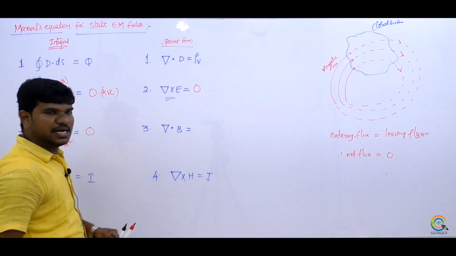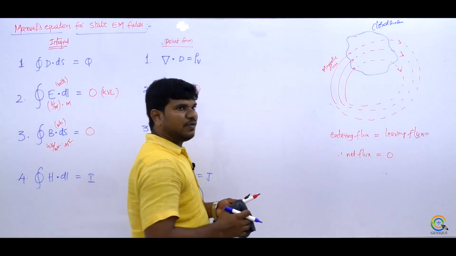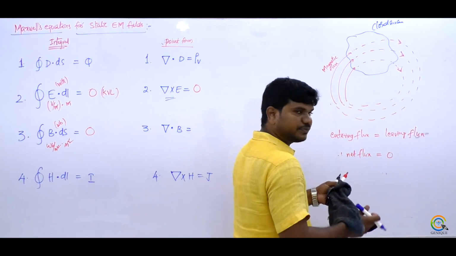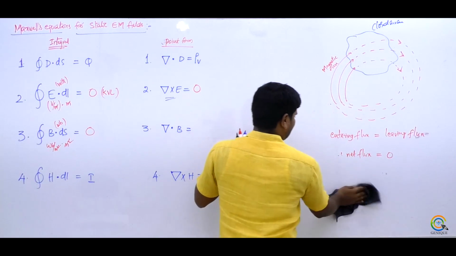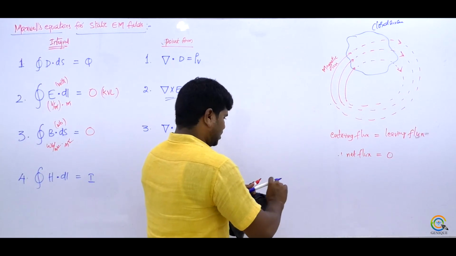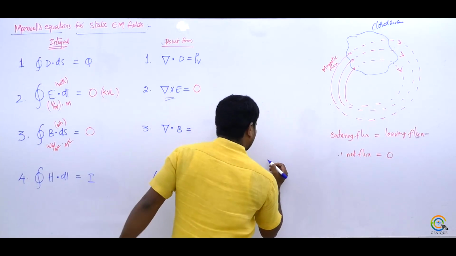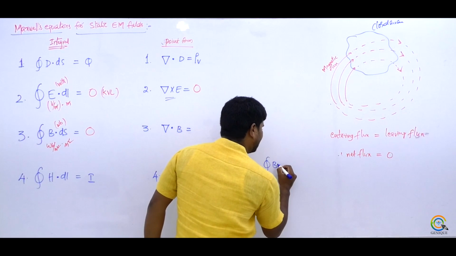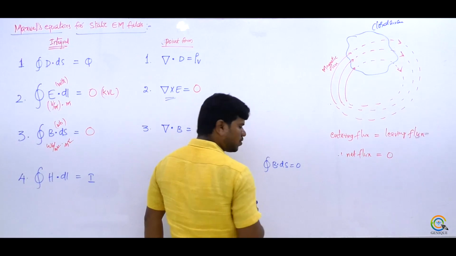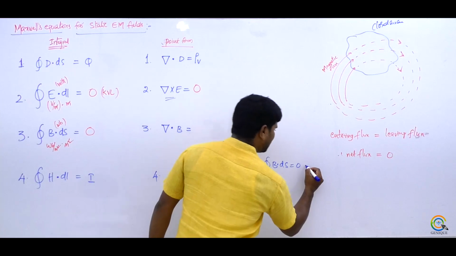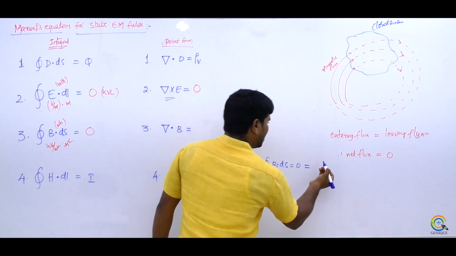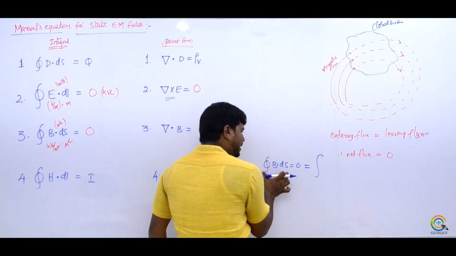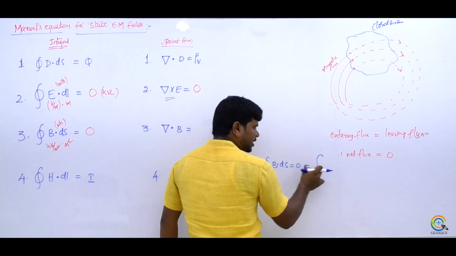Then what about del dot B? If you use the Gauss divergence theorem here, the closed integral of B dot ds is equal to 0.